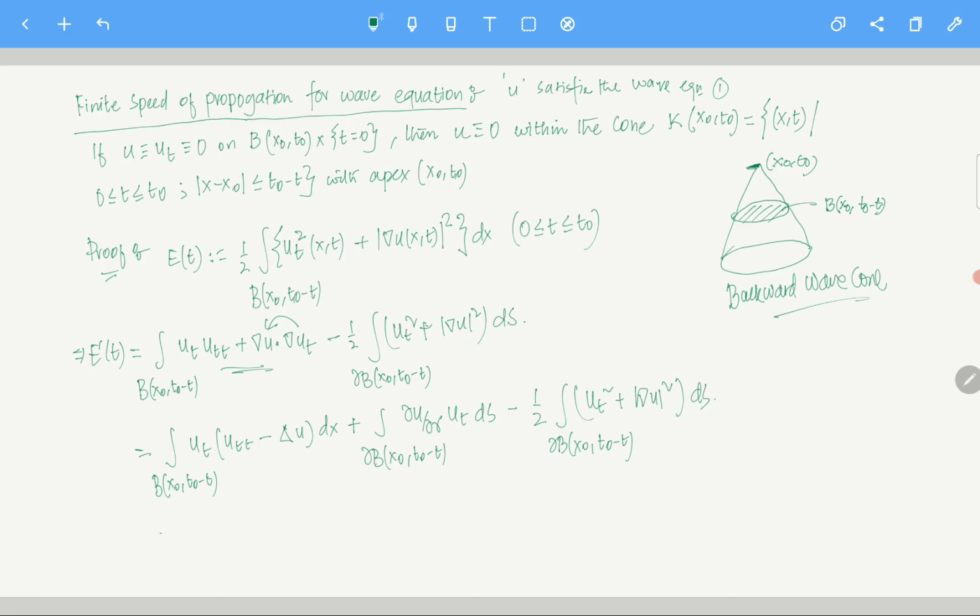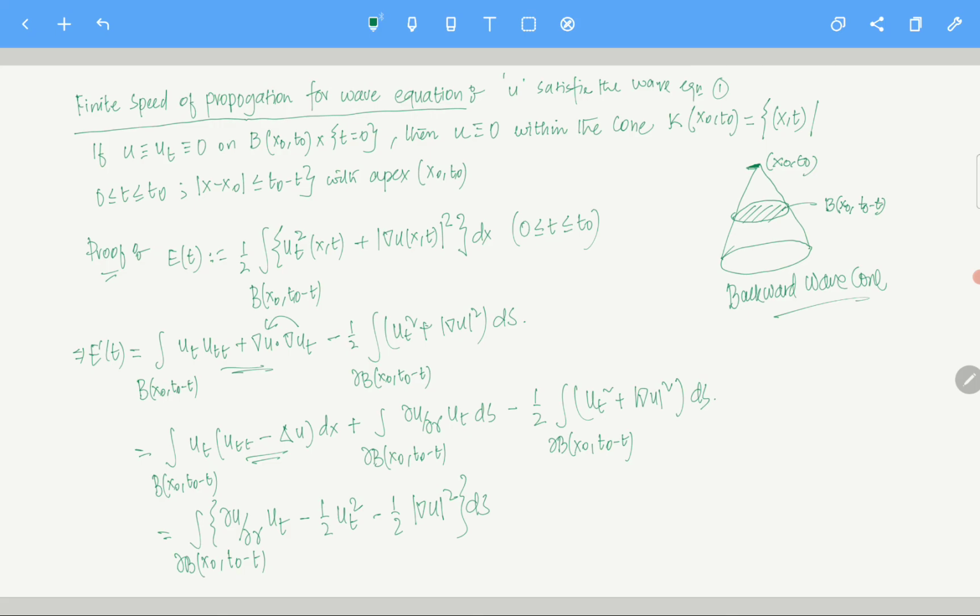So this is given by the integral over ∂B of ∂u/∂γ u_t minus half u_t square minus half gradient u square dS, where the interior part is 0 because u satisfies the wave equation. I will just put everything together.